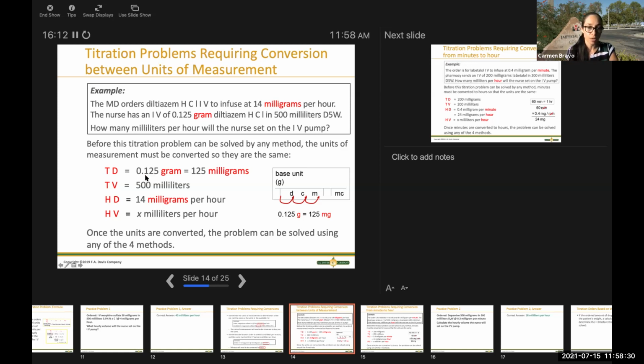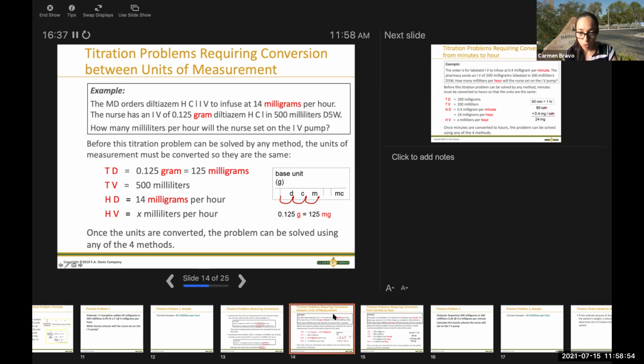Then the total volume, we know that's the 500. The hourly drug is the 14, because it says 14 per hour. And then the hourly volume, that will be how many milliliters per hour, which is what we're looking for. So we can solve it those 2 different ways.